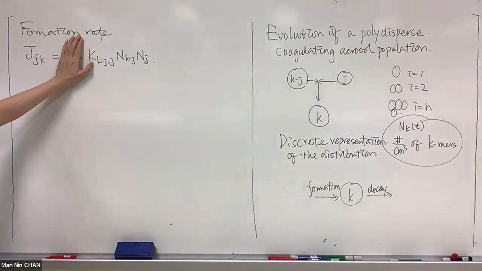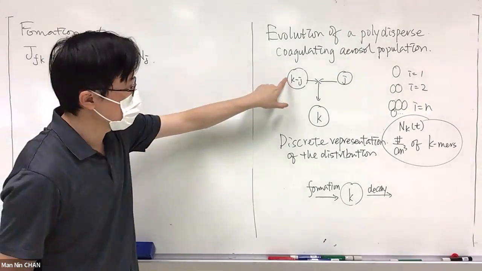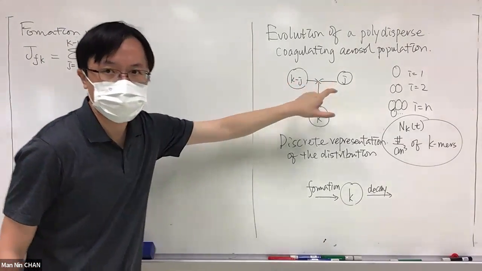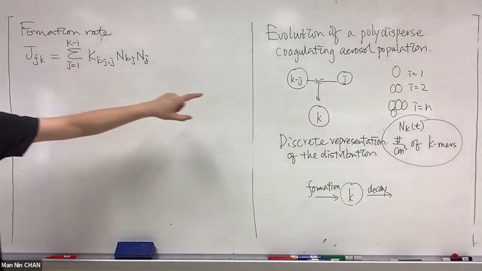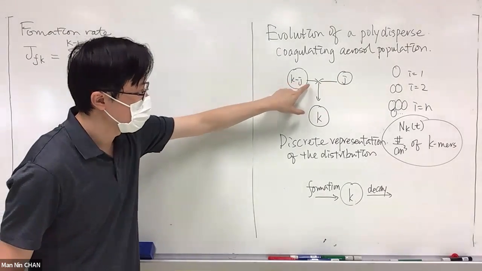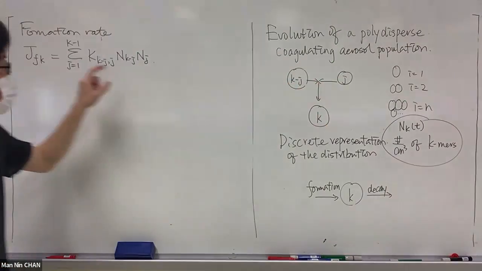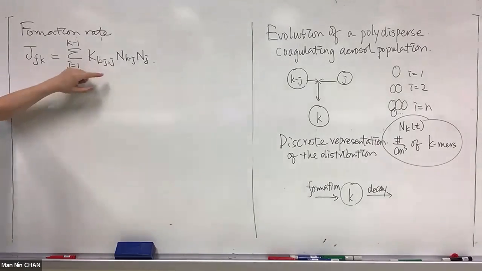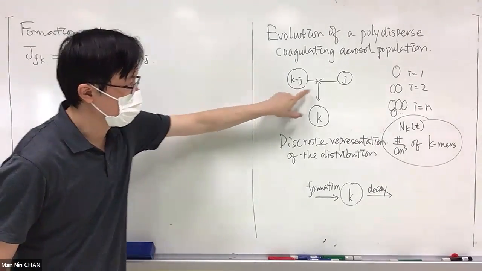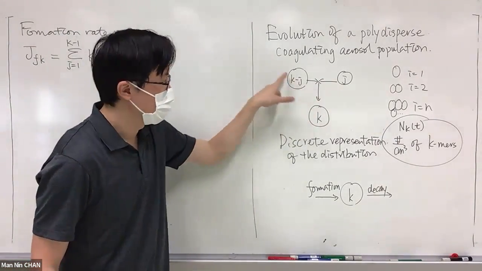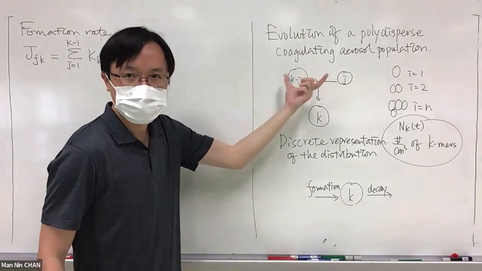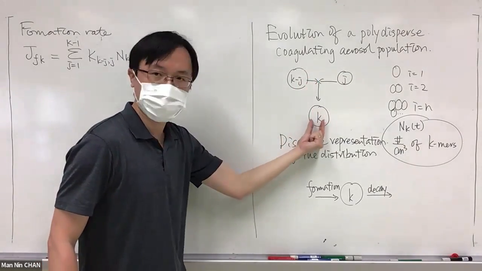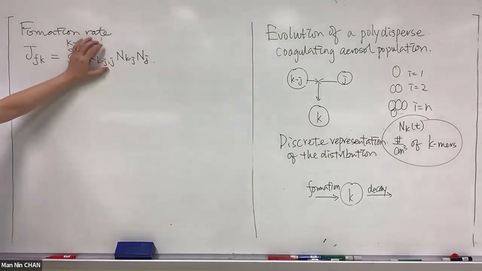First, you want to look at the coagulation coefficient between this K minus J and J. So this is the coagulation coefficient for these two particles, one is the K minus J, and this is the J. Because when they stick together and combine, they will give you the K. And then you're looking at their concentration.